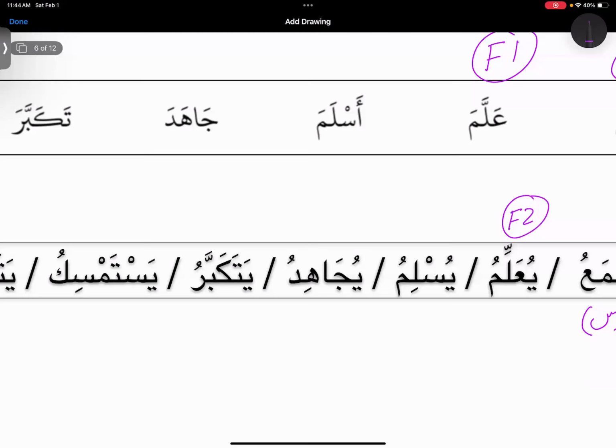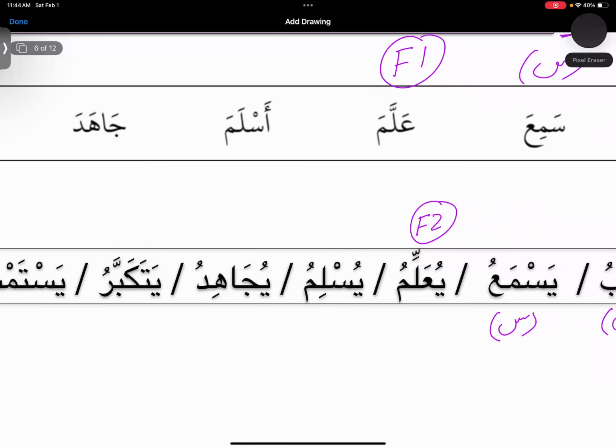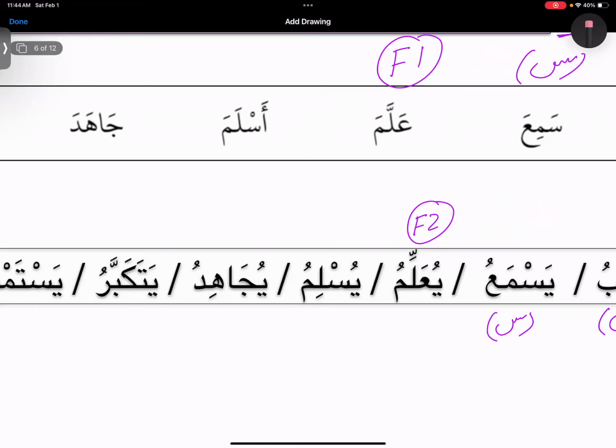Then aslama will become yuslimu. The same thing is basically happening: mudariya starts with yu and the middle root letter takes a kasra. Again, this is mazid fihi. Why? Because there are four letters here. What are the root letters?